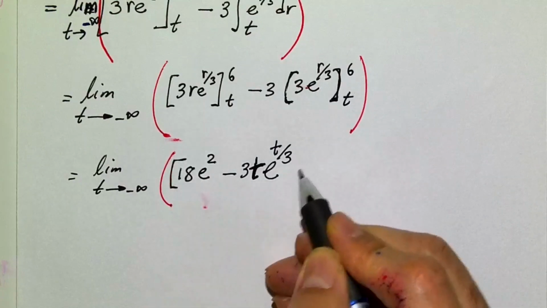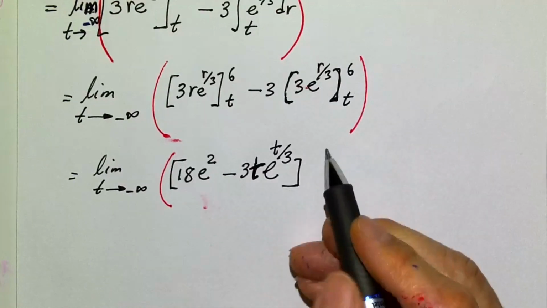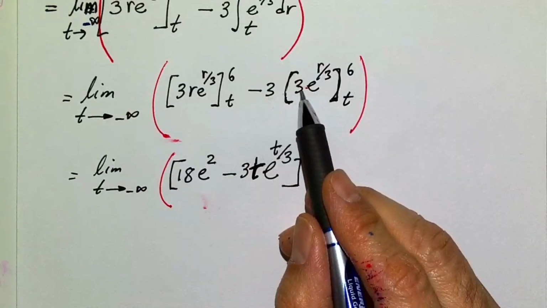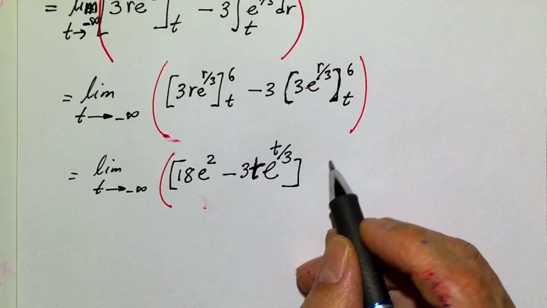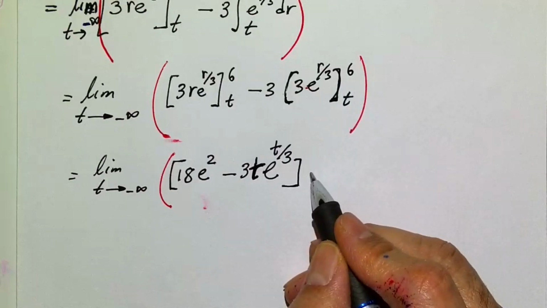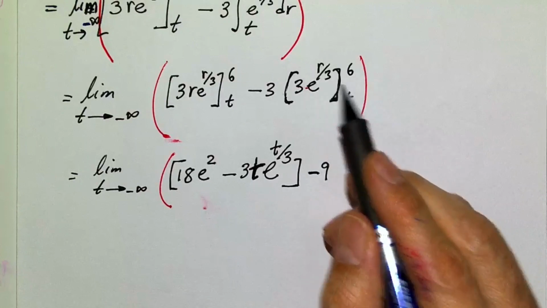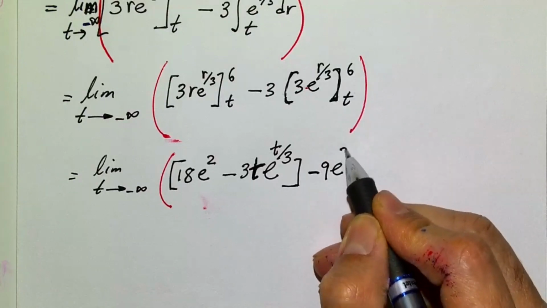I will just put a bracket on that, and then minus 9. So minus 3 times 3 is minus 9, and 6 divided by 3 is 2 again, so e squared.